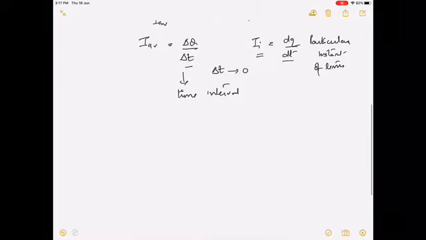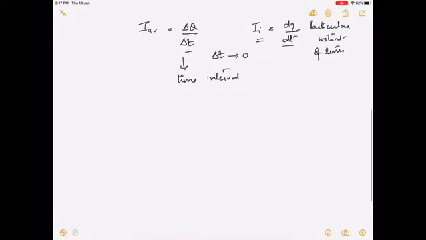Okay, this can be best understood if I take one example. I will give you one question so that the concept of average and instantaneous current will get into your mind clearly.